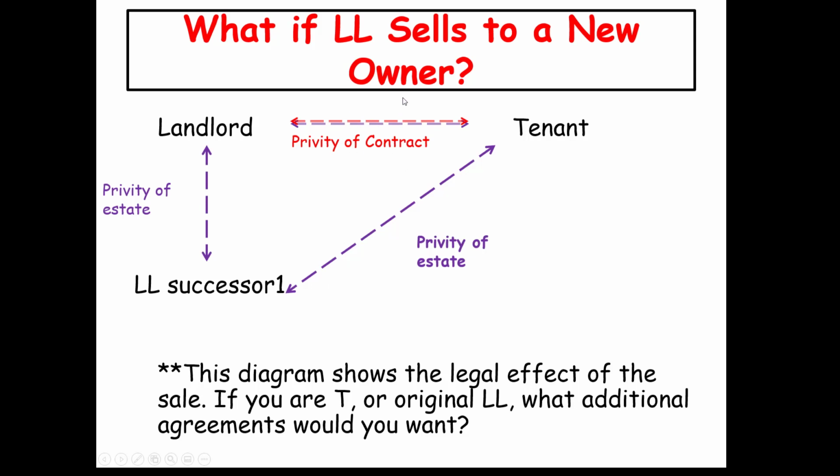Or you might want this lease obligation entirely eliminated in favor of a new lease between the new landlord and the new tenant, so that the tenant is protected against claims from both landlords. And if you're the original landlord, you might want to make sure that this agreement between the landlord and the new landlord guarantees and requires this new landlord to step into the obligations that the landlord has assumed vis-a-vis the tenant. Okay, so I know that's a little complicated.